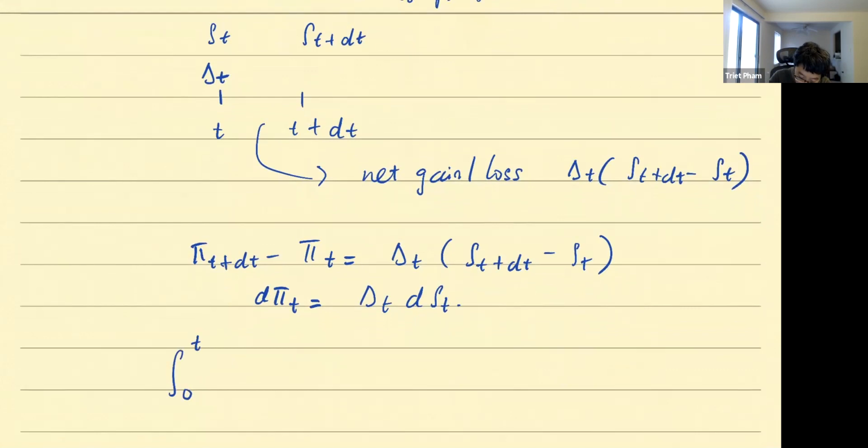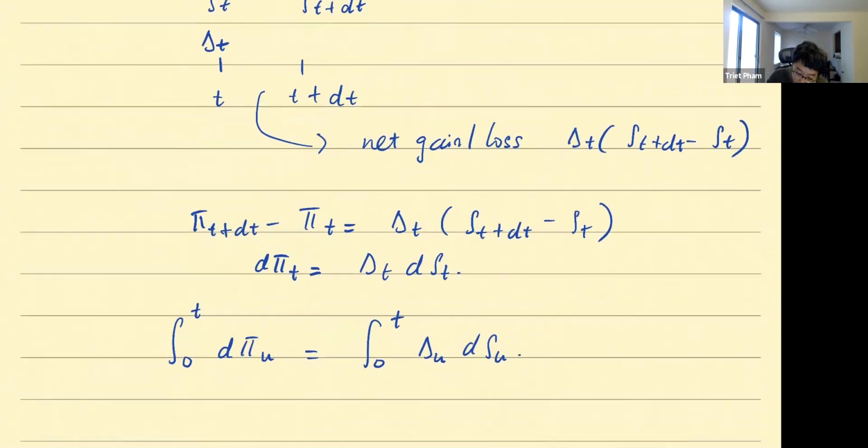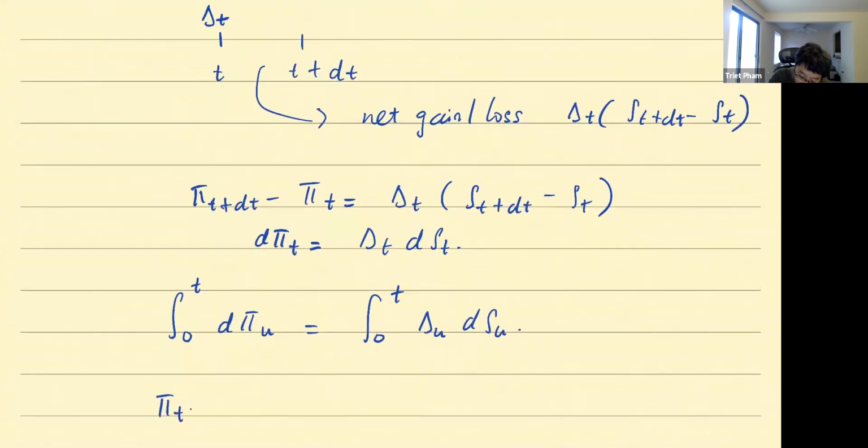I will add all the changes to give me the net change. I want to know how much I have gained or lost during the whole investment period from time 0 to time little t. Well, it's going to be pi t minus pi 0. This is the whole gain or loss during the whole investment period.